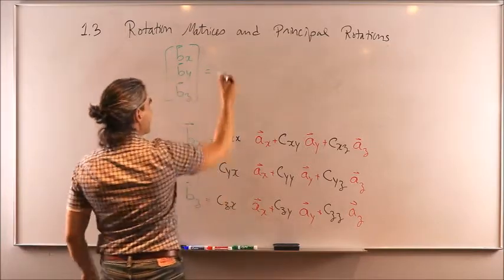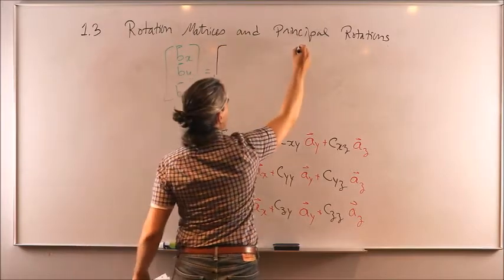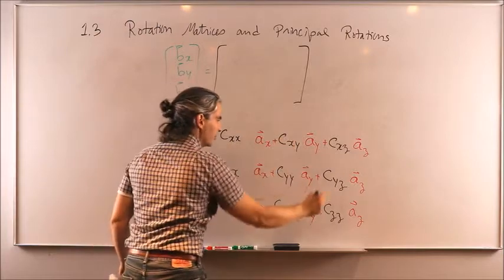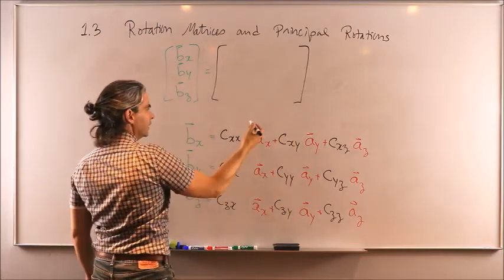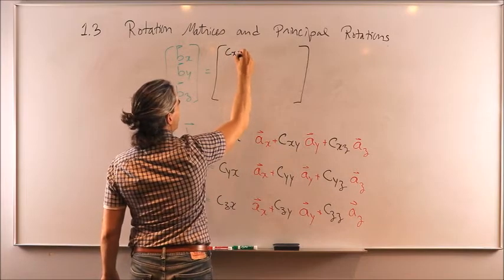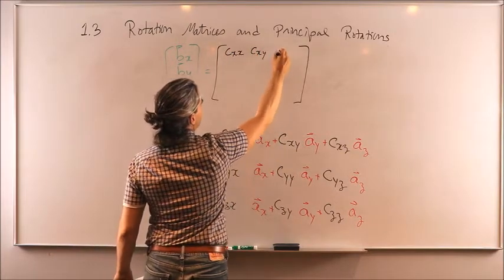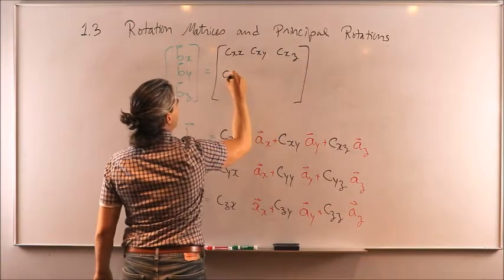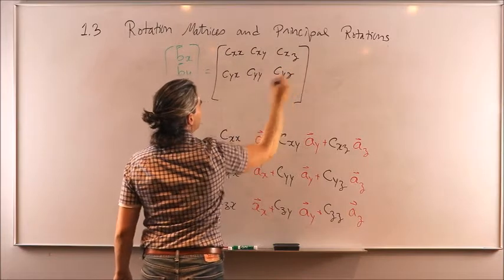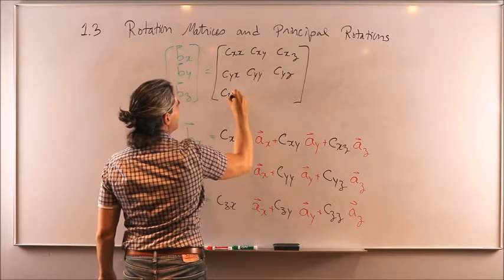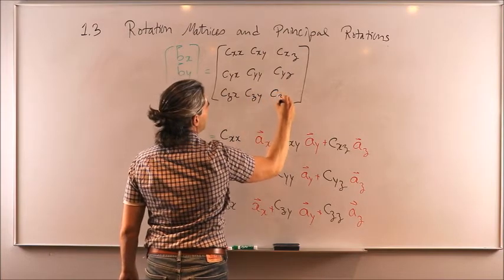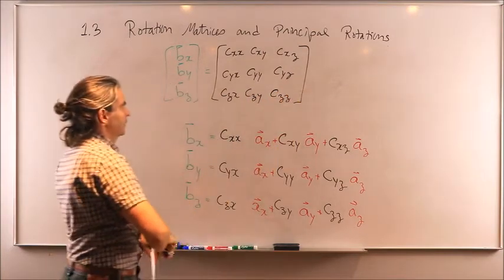I'm going to say that this is equal to a 3x3 matrix filled with 9 entries, and those 9 entries will be the scalar components of those vectors in terms of the A unit vectors. That's my CXX, CXY, CXZ, CYX, CYY, CYZ, CZX, CZY, and CZZ. All right?